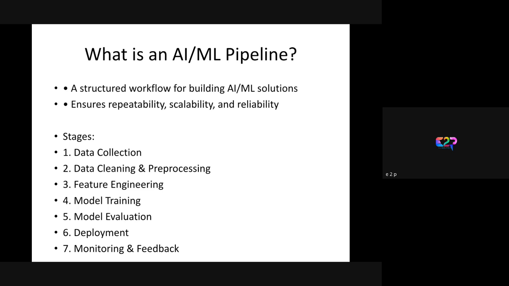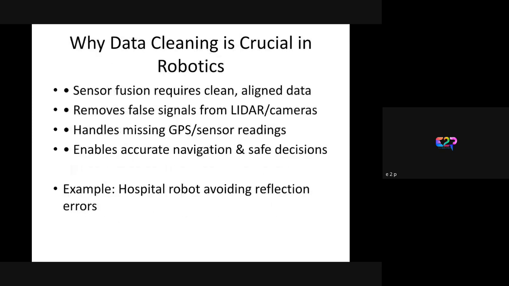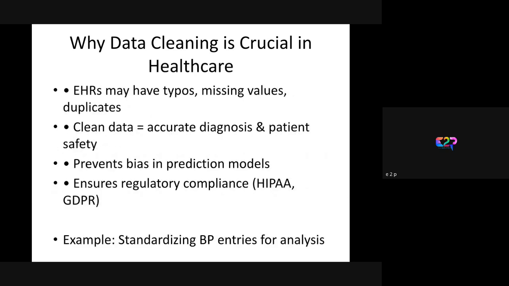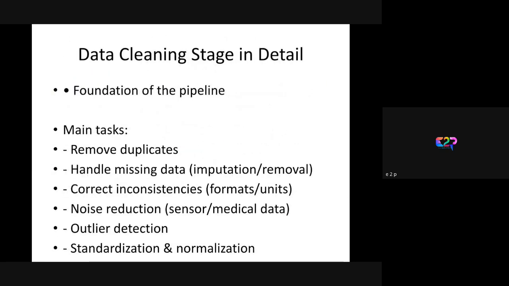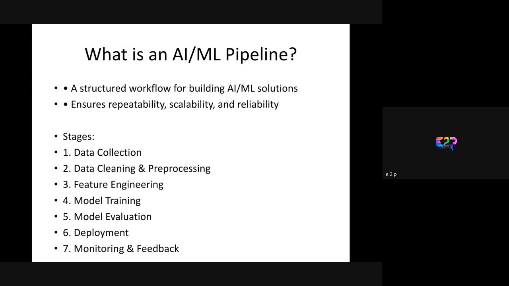Then feature engineering. Feature engineering is the step where we generate or adjust the features, or select a few features when more features are there. That is what we call feature engineering. We may combine some features or update some attributes.